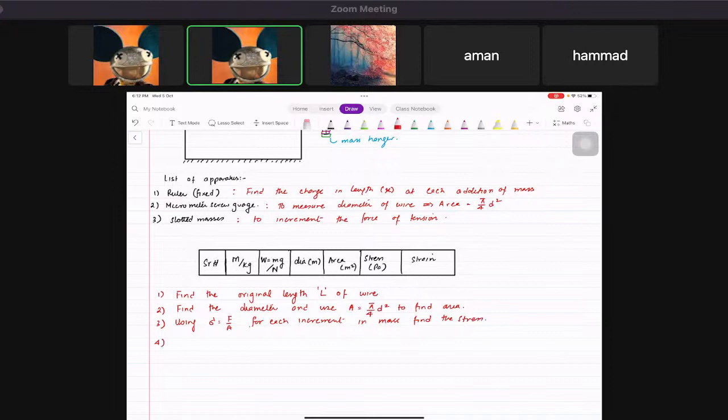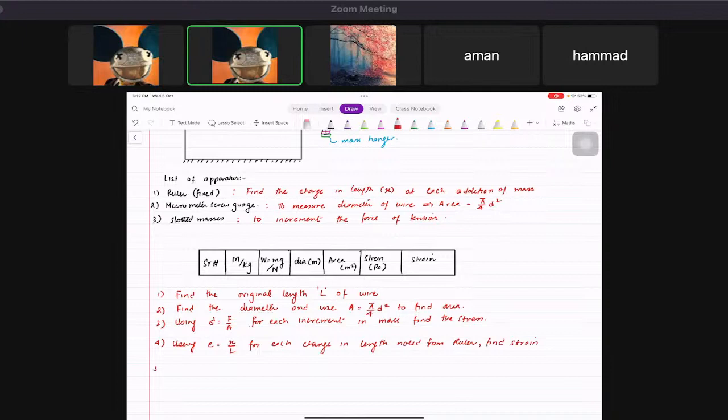Number 4, using strain equals x upon L, for each change in length, note it from the ruler, find the strain.